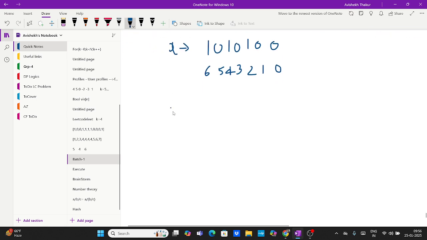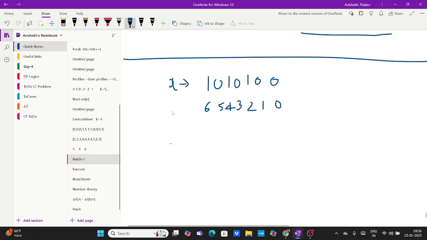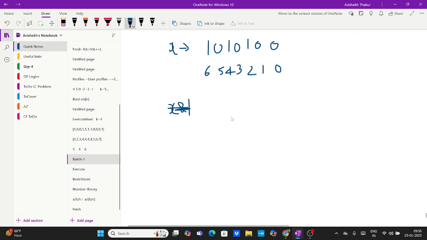If I have to ask whether the fourth bit is set or not, should I do x AND one? That won't be possible because you'll be having only the last bit. We need a particular bit. Okay, so this we will discuss: how to check whether a particular bit is set or not.